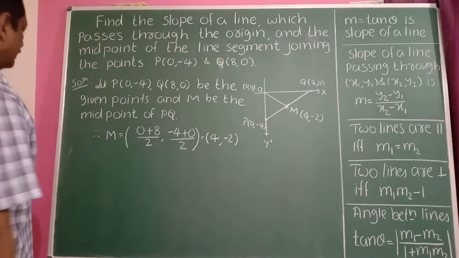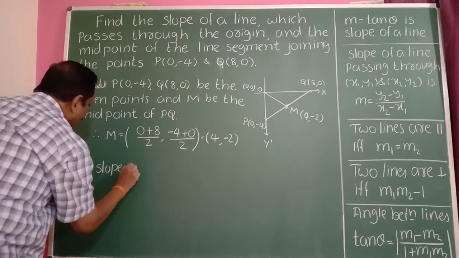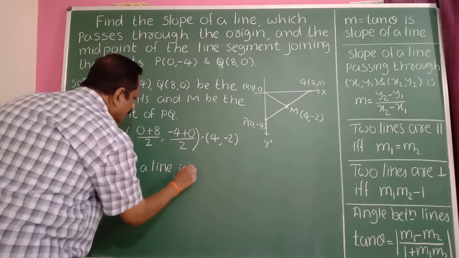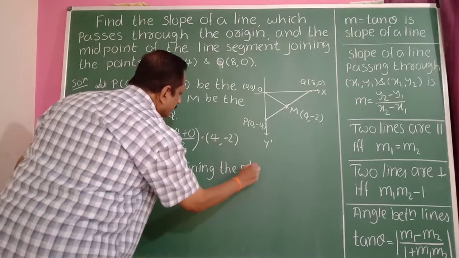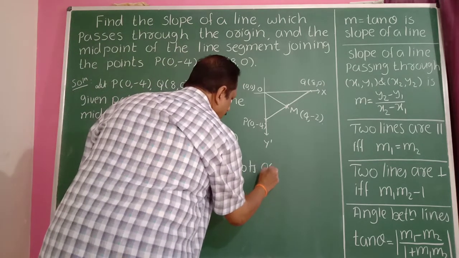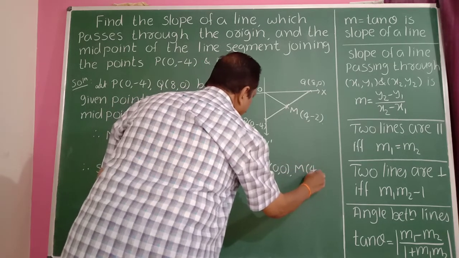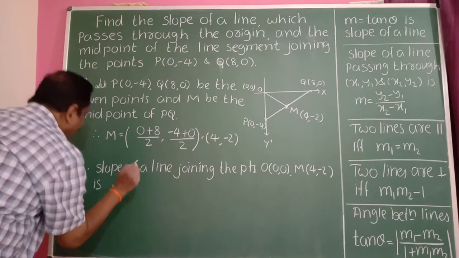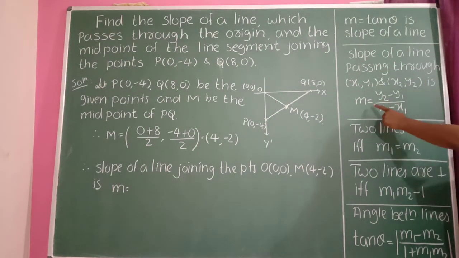Okay. Therefore, slope of a line joining the points origin 0 0 and M 4 minus 2 is m equal to, so slope of a line passing through 2 points here, m is equal to y2 minus y1 upon x2 minus x1 here.